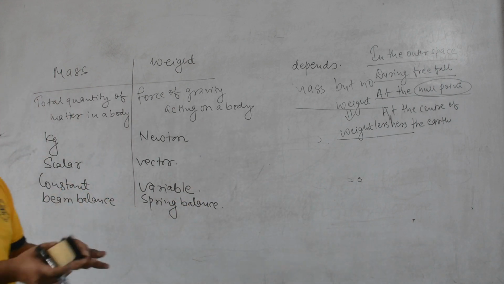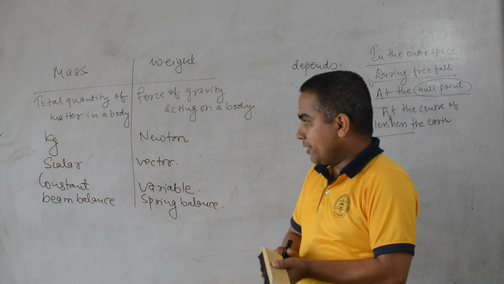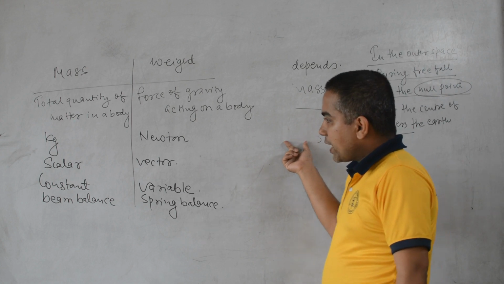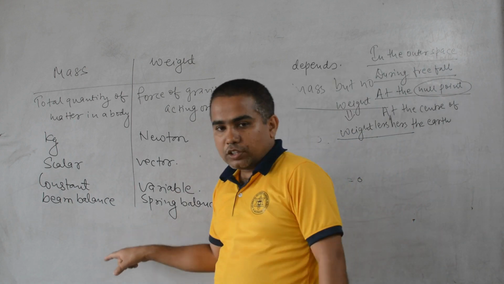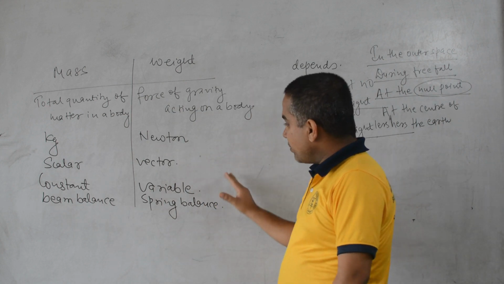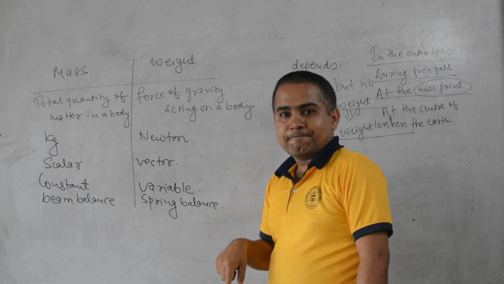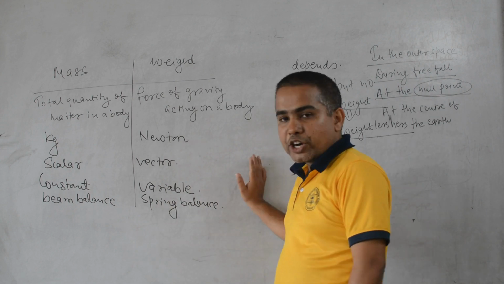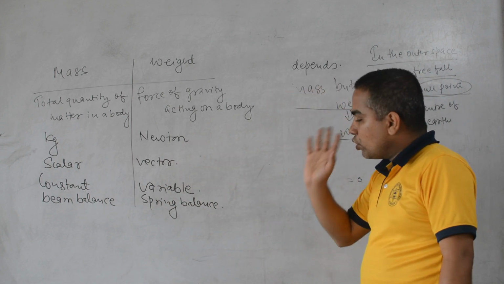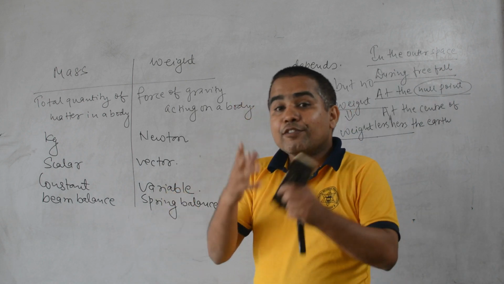So at the conclusion of this video, I would like to say that today we learned the definition of weight. We derived the formula to calculate the weight of a body on the surface of the earth. We came to know that weight is a variable quantity, and we also came to know the factors upon which acceleration due to gravity depends. On the same factors, the weight of a body also depends, and we came to know that there are some peculiar situations when the mass will have no weight.